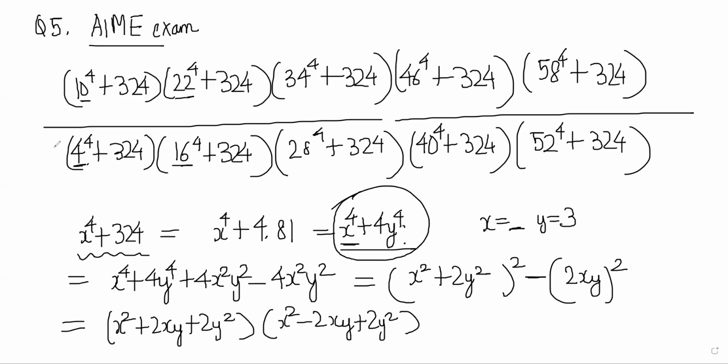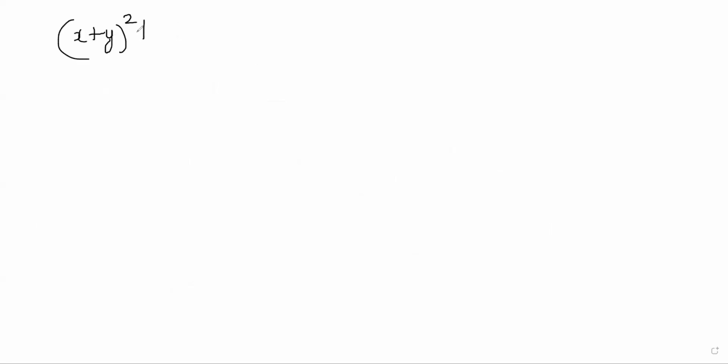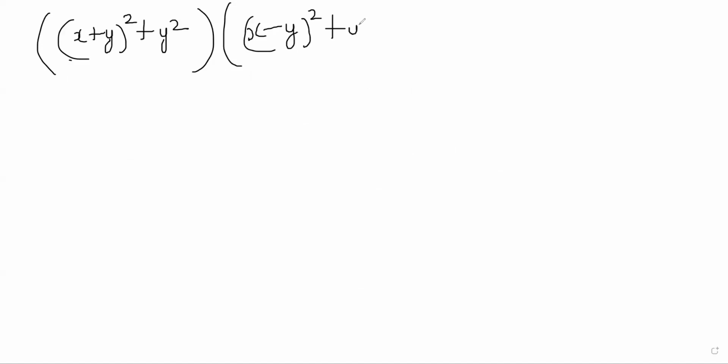And now think about this. This will become (x plus y) whole square plus y square. This is x square plus 2xy plus 2y square. And the other term is (x minus y) whole square plus y square, because that will become x square minus 2xy plus 2y square, right?